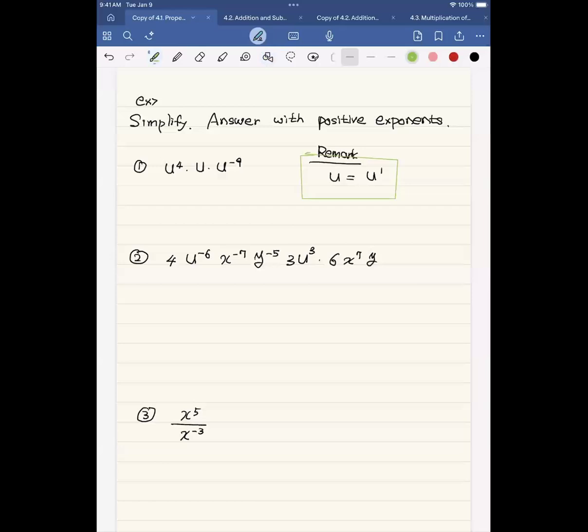The 1 is hidden. It is not 0. So when we add the powers to simplify, we have to add 4.